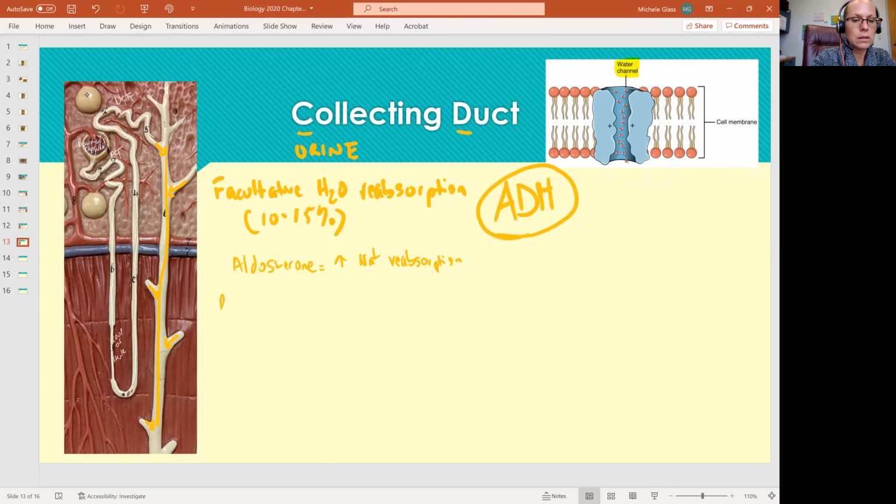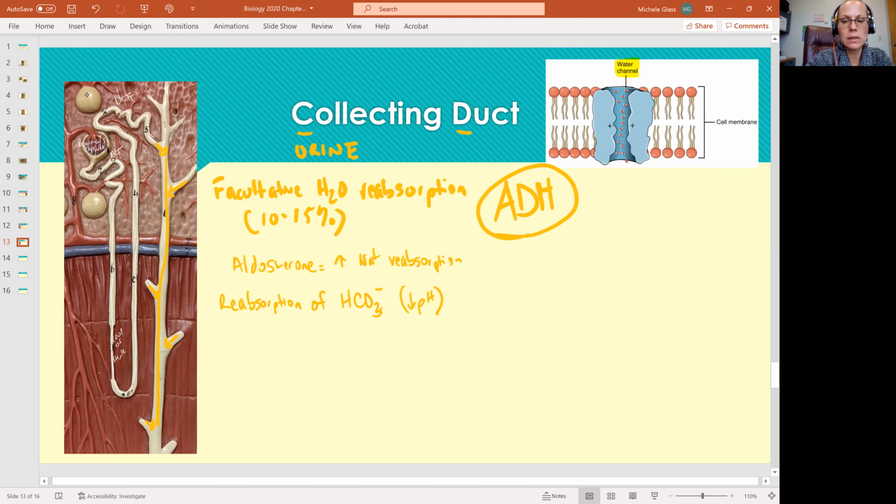So we'll also then see some reabsorption here of bicarbonate ion. We'll see some reabsorption of urea. And let's go back and say, when we talk about reabsorption of the bicarbonate ion, we'll see that's happening when our pH is low.